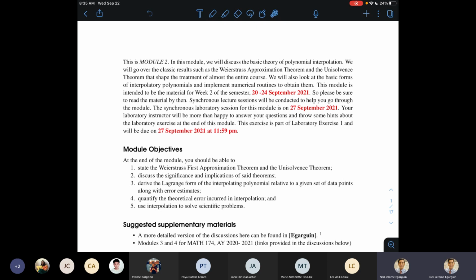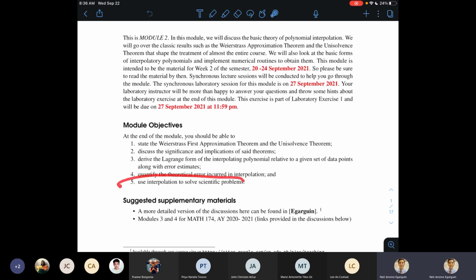So probably this week we'll be able to do objectives 1, 2, and the first half of objective 3. And then next meeting, we're going to quantify the theoretical error incurred in interpolation. And it's kind of an integrative objective to use interpolation to solve scientific problems.